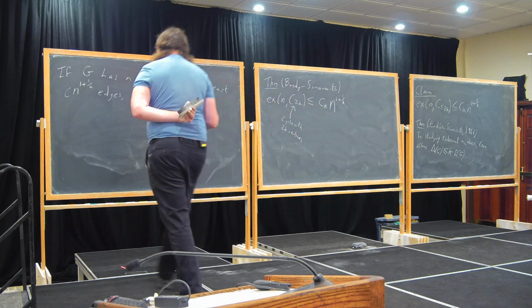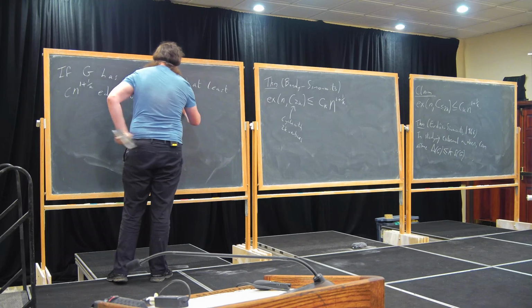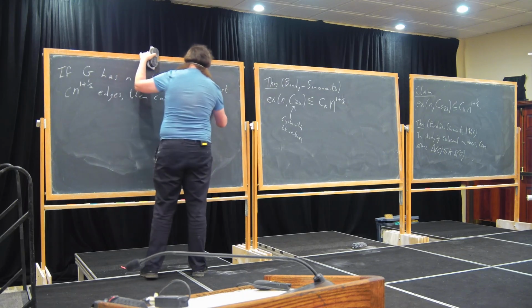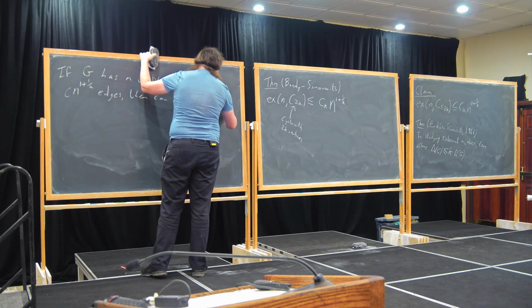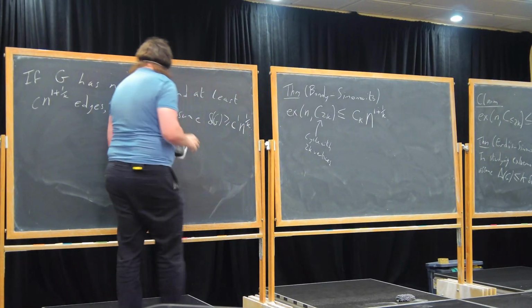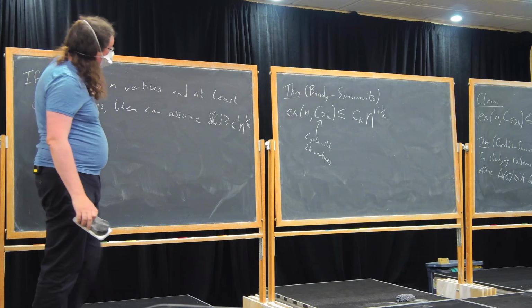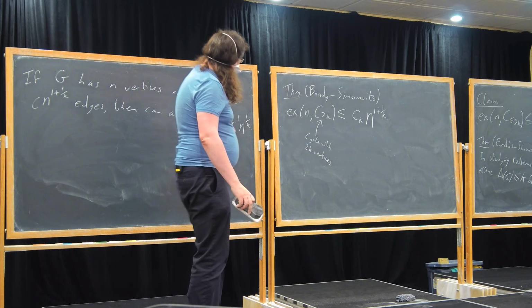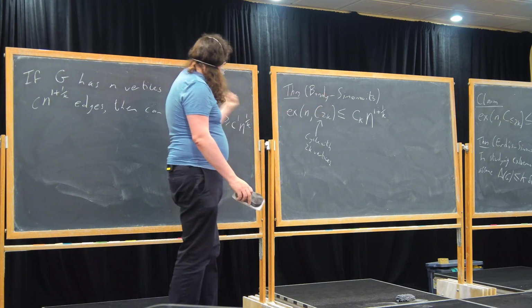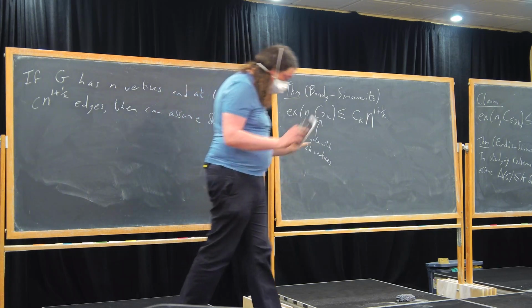So we can assume that delta of G is at least some c prime times n to the 1 over k. So this is saying that the average degree is at least 2c times n to the 1 over k. This is just using that lemma to pass to a graph where we can assume that the minimum degree is also large.